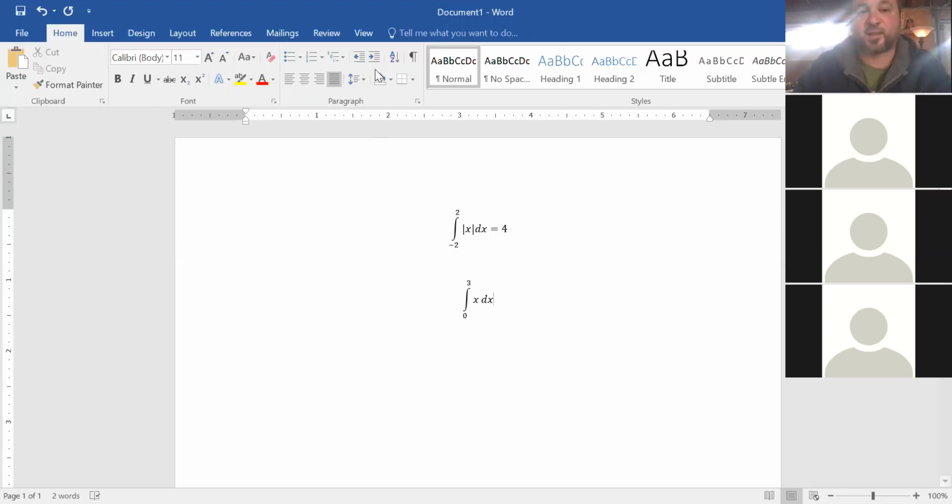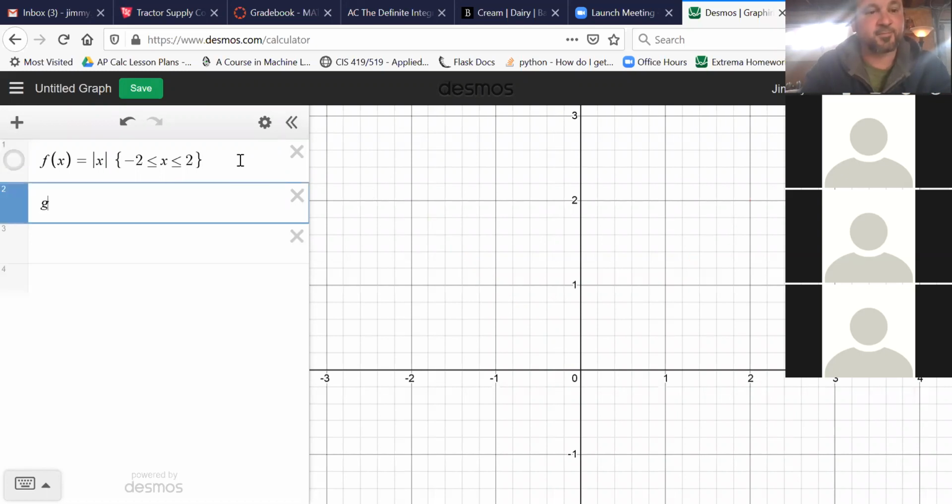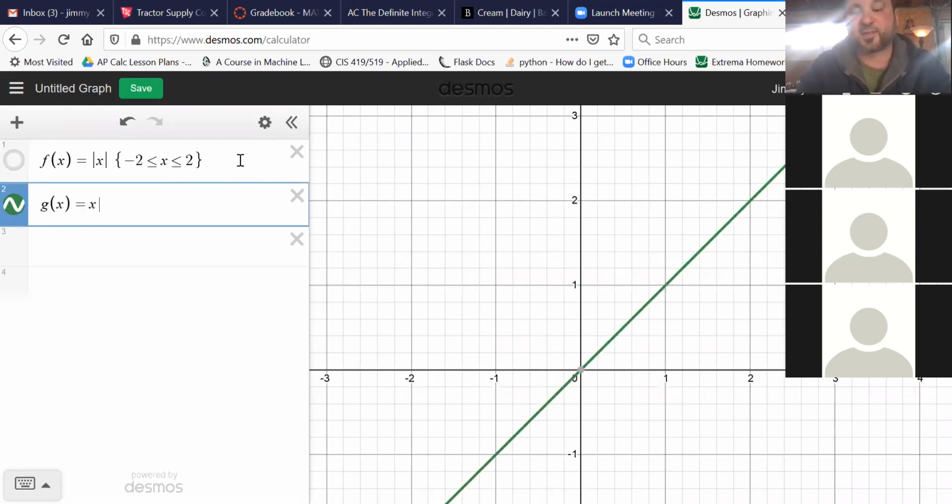So let's bounce back to Desmos and see what that looks like, and then calculate it just using geometry. So it's function x, and it's specifically from 0 to 3.